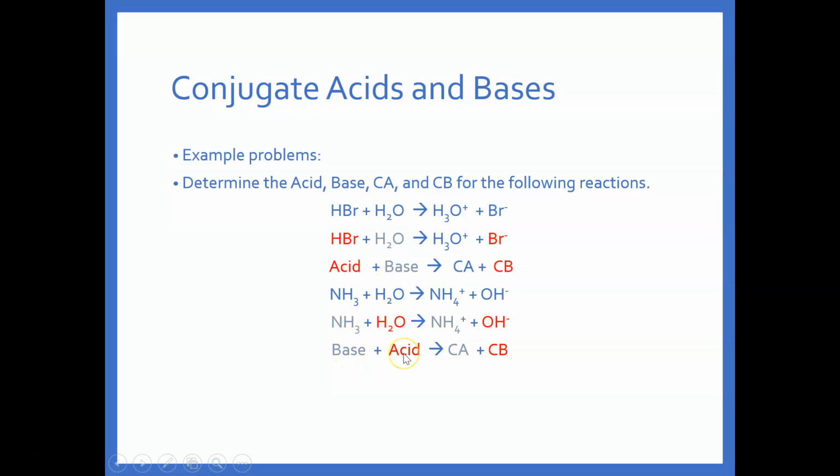And since water is always going to behave as the opposite, that means it's an acid. So when we have a base and it accepts a proton, it becomes the conjugate acid. And when you have an acid and it loses a hydrogen ion, like happened to the OH minus, it becomes the conjugate base.